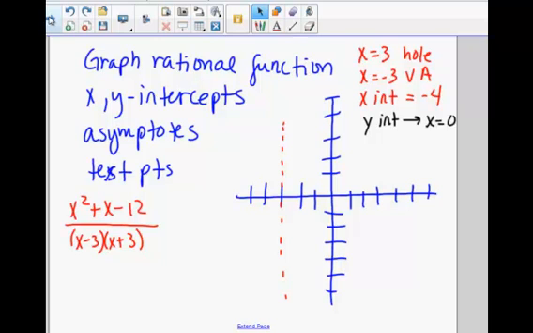So if I let x be 0 over here, I get negative 12, because 0 squared plus 0 is just 0. 0 minus 3 is negative 3. 0 plus 3 is 3. Negative 3 times 3 is negative 9. It's negative 9, which reduces to negative 4 over 3. Negative 4/3 is negative 1 1/3. So I have a y-intercept at negative 1 1/3.